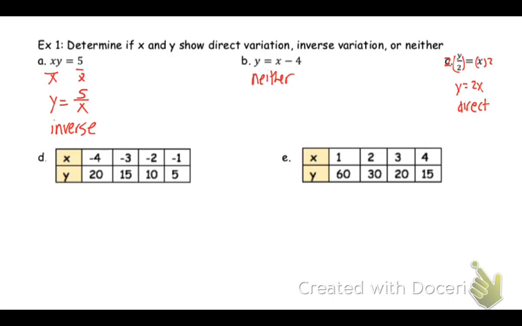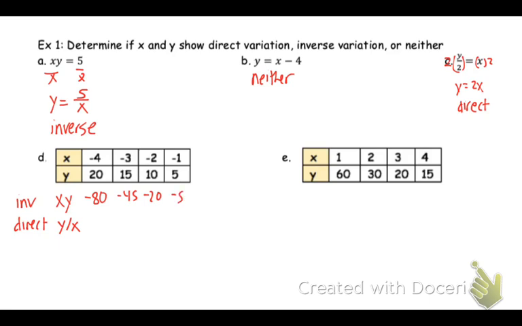Again, with a table of values, we're going to look at the product of x times y. If that's constant, it would be an inverse variation. For direct variation, we would look at y over x. Again, think about lines, think about slope. If I multiply these values together, I do not get the same thing, so this is not an inverse variation.